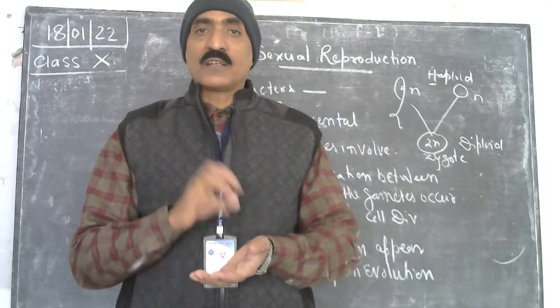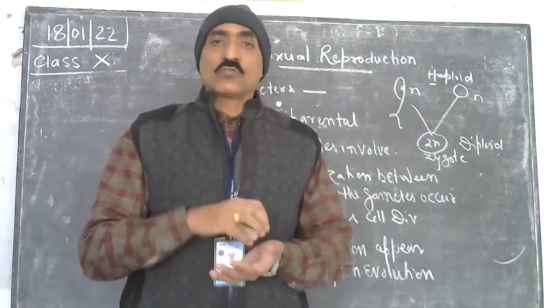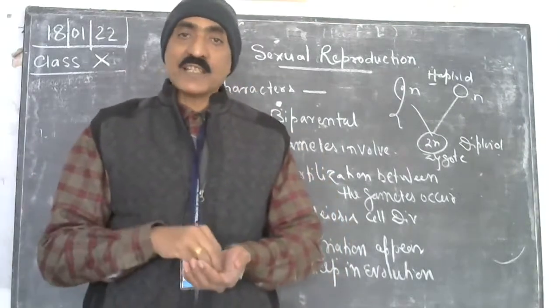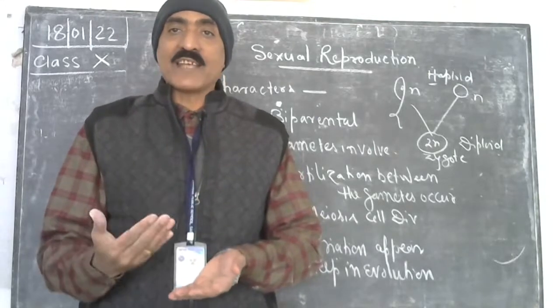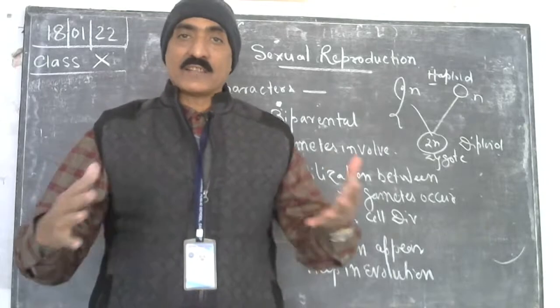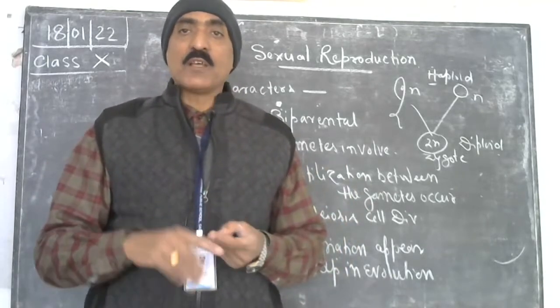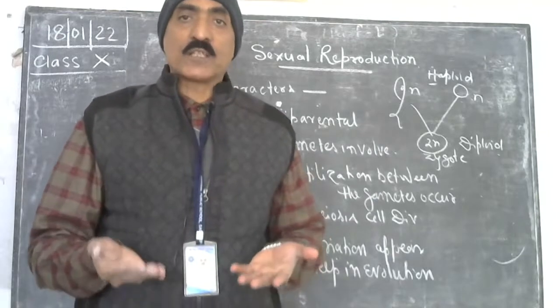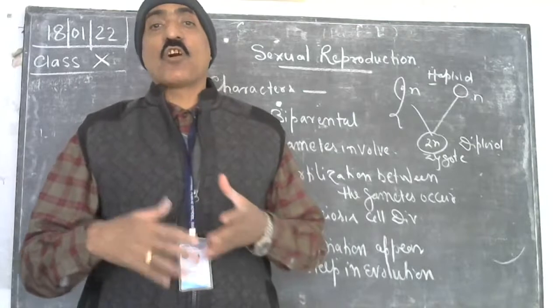As we know, nothing but change is constant, and so through the variation, those offspring which have suitable variation regarding the surroundings will survive more suitably than those in which such variation is not found.